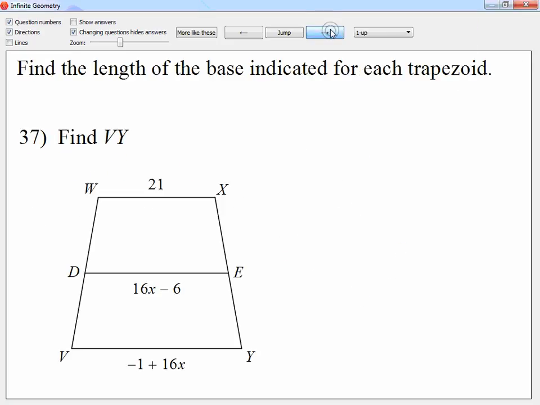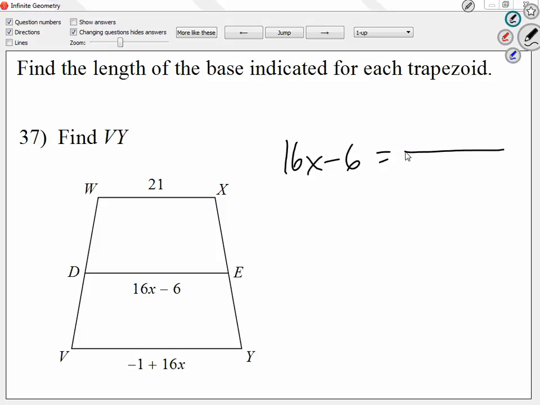All right, 37. Find the length of the base indicated for each trapezoid. For the mid segments or medians, however you guys want to call it, for trapezoids, the measurement of the median is 16x minus 6. So I'm just going to say 16x minus 6 is equal to, on my fraction, what I add on the top are the two bases.